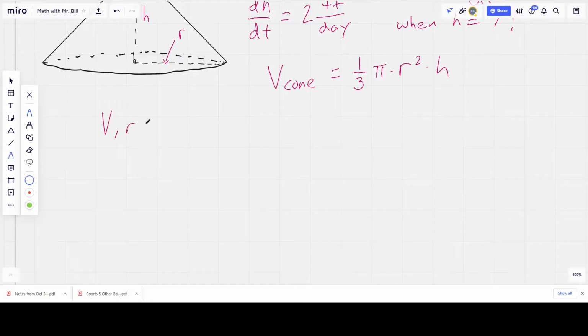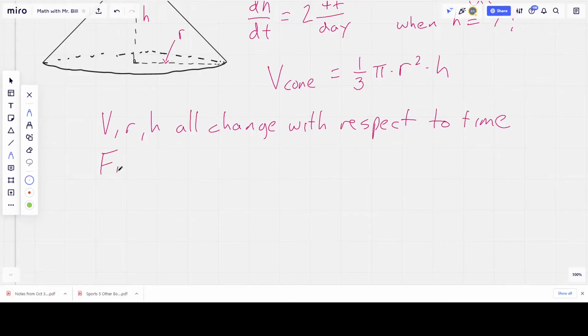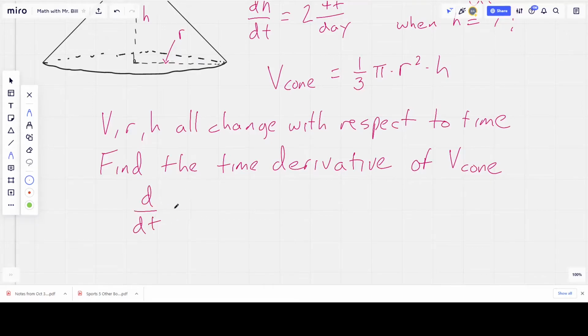So V, R, and H all change with respect to time. That means we can take the time derivative of this equation. So that's what we're going to do. We're going to find the time derivative of the volume of a cone. In other words, we're going to take d/dt of this entire equation.